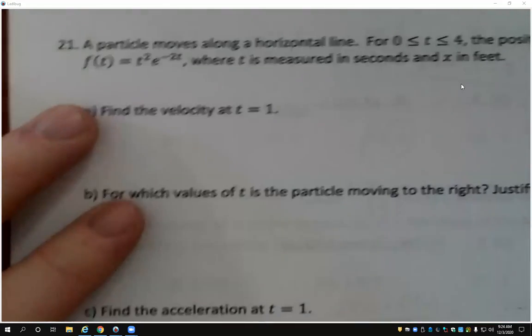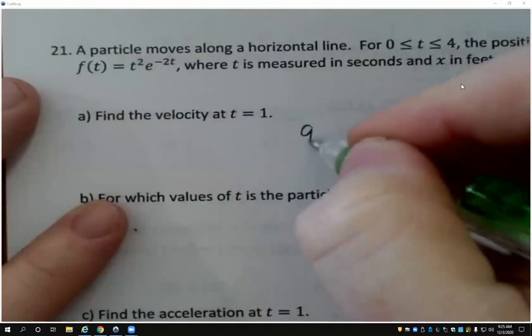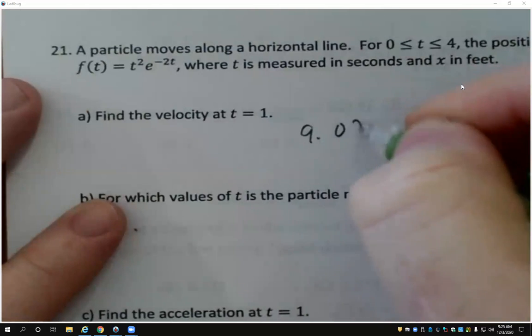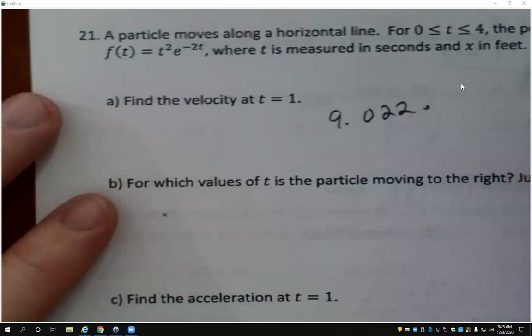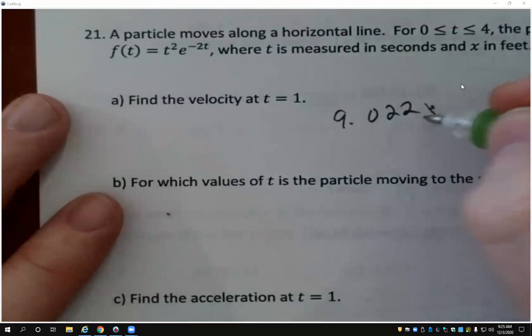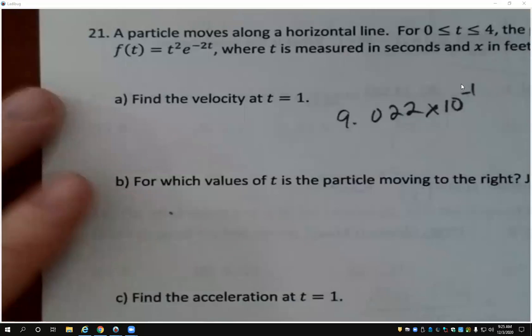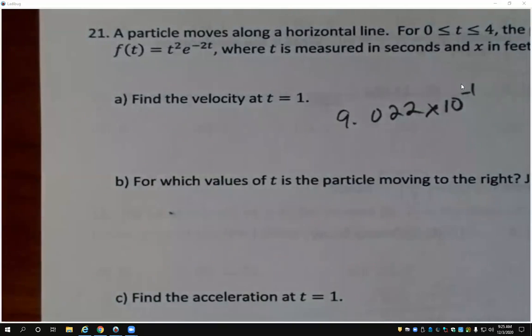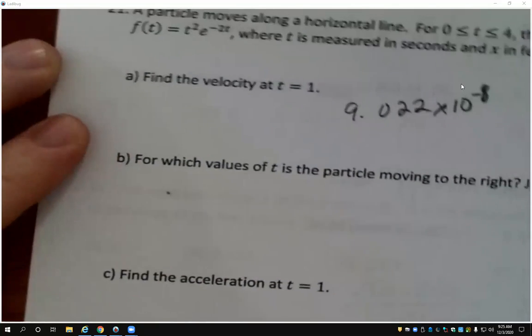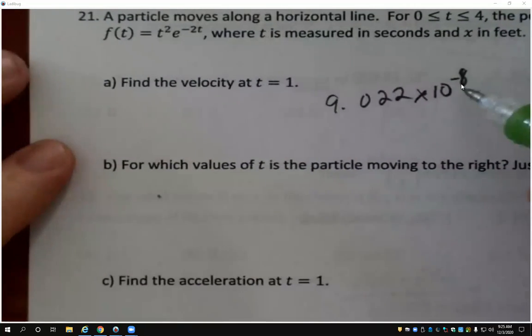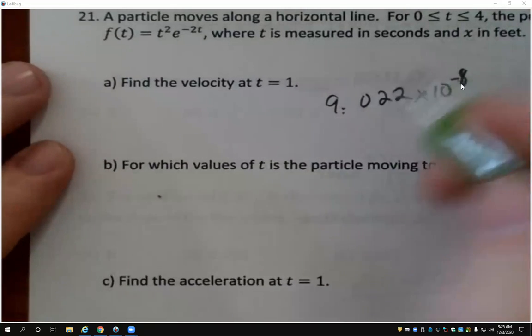If we don't remember how to interpret that, 9.022 e to the negative 8 is the TI graphing calculator's way of doing scientific notation, times 10 to the negative 8, which means move this decimal point 8 places to the left.